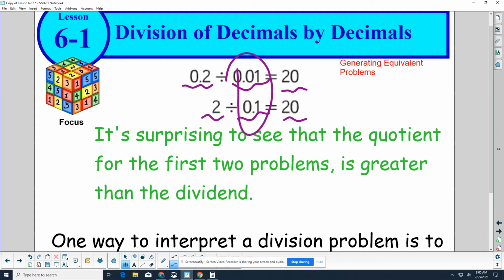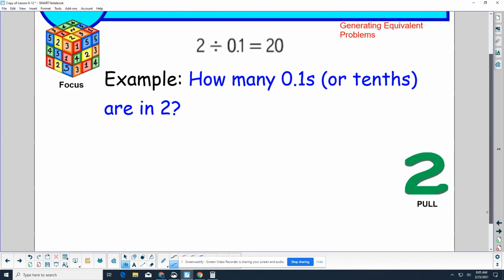How many of these fit into our dividend? Like with any division, you're splitting it up. If you were to take a pack of candy, or a bag of chips, or a box of cookies, and divide it up among your friends, you know that you're going to have some more, but they're going to be smaller groups.